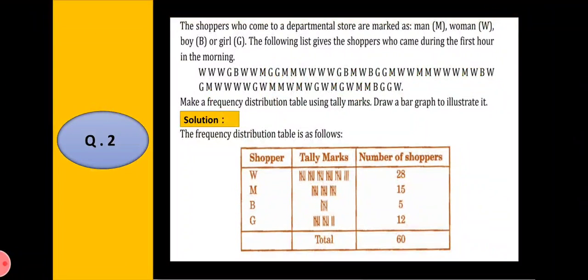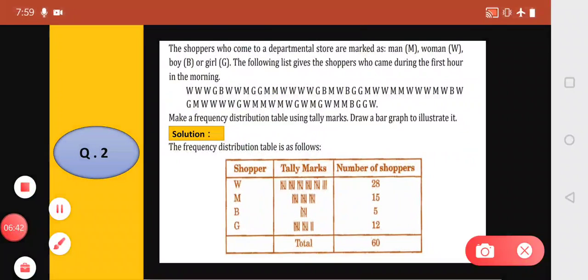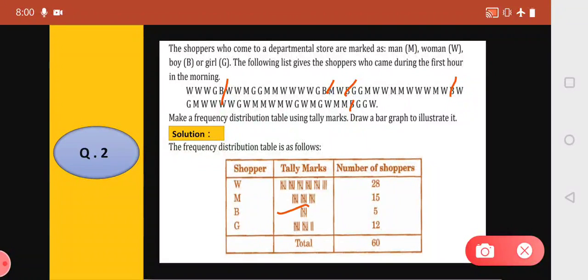Now for boys, let's count. Number 1, 2, 3, 4 and 5. Total 5 boys visited the departmental store. So you can see we have made one group of 5 tally marks, and the frequency is 5.